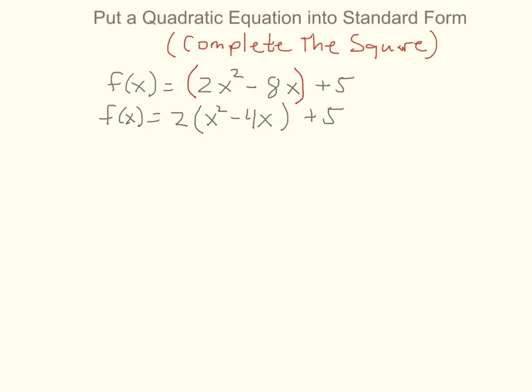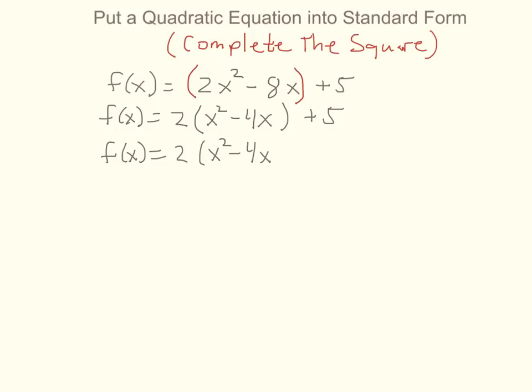Now, the one thing we have to keep in mind is that I can't just add something to the other side because of that f of x. So I'm going to do the process like we did before. I'll have f of x equals 2 times the quantity of x squared minus 4x. But here's where it's going to be a little bit different.